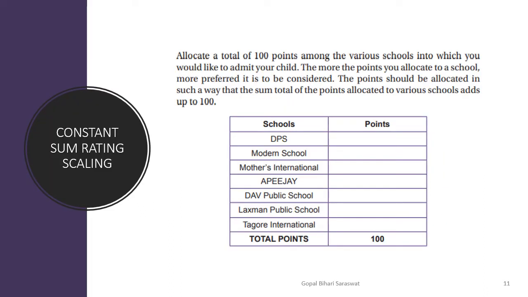Constant sum rating scale. In this method, we ask the respondent to allocate 100 points across the options available in the questionnaire.